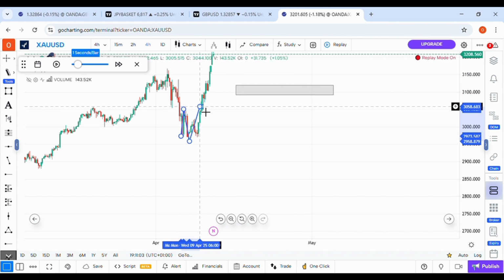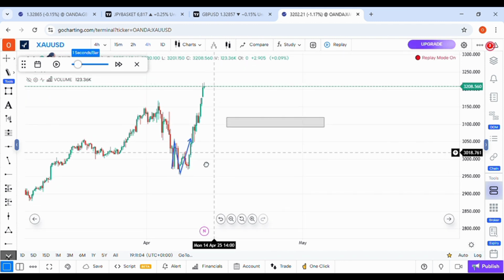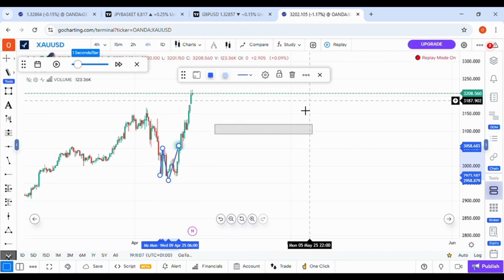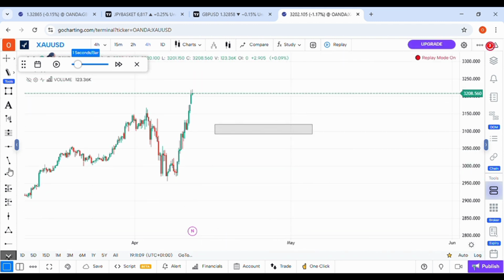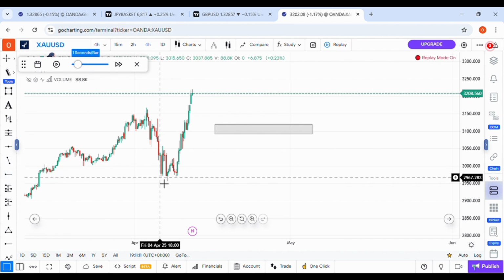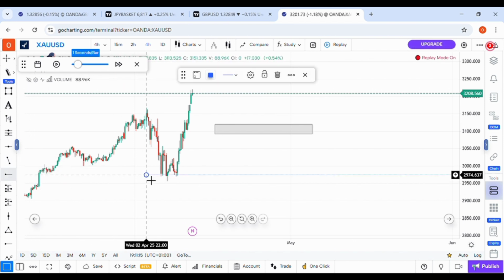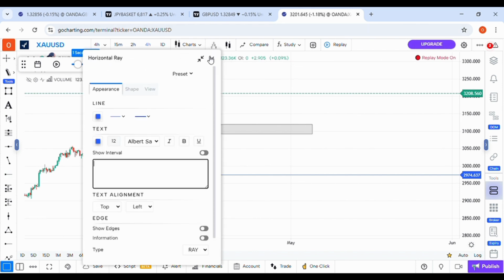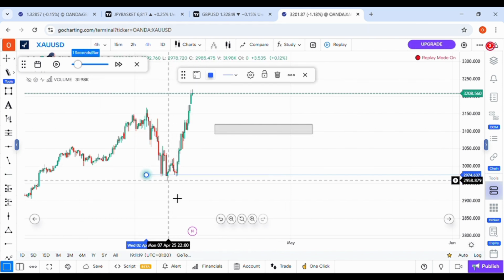So this is a support area, guys. This area here is our support area.